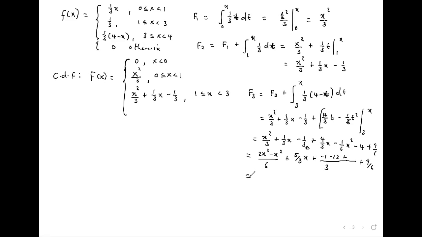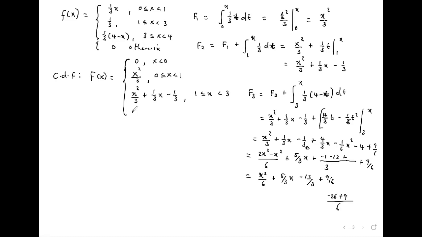So that there we get x squared over 6 plus 5 over 3x, minus 13 over 3 plus 9 over 6. So we put 6 down for the constant, so negative 26 plus 9, that's negative 17.